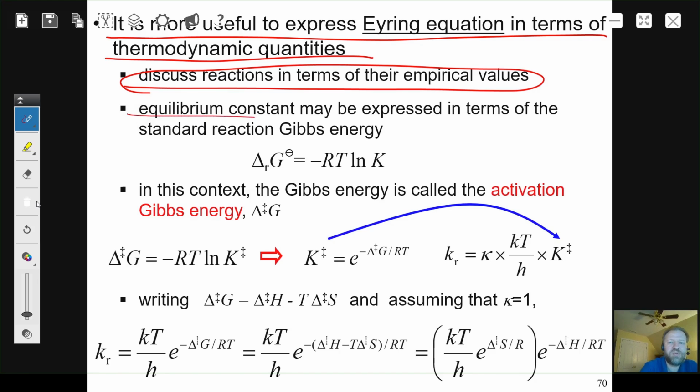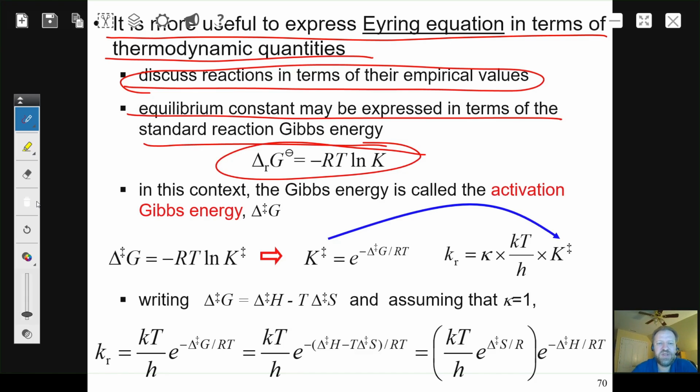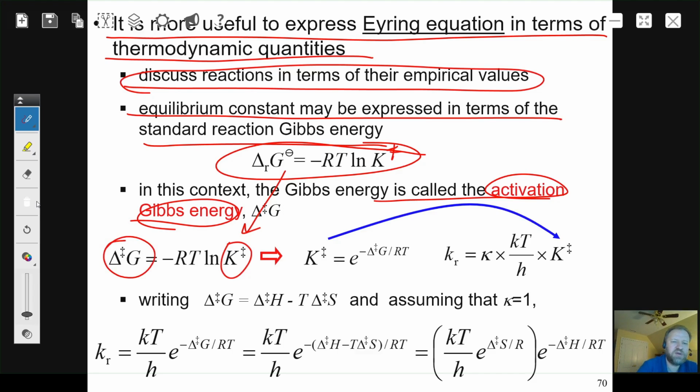And the idea is to discuss reactions in terms of their empirical values that we can get. Now recall that the equilibrium constant may be expressed in terms of the standard reaction Gibbs energy. We know that. Now, of course, in this context, our equilibrium constant for the equilibrium between reactants and activated complex can be called the activation Gibbs energy. So again, we rewrite this expression for the equilibrium between reactants and activated complex, and the corresponding change in Gibbs energy is known as the activation Gibbs energy.